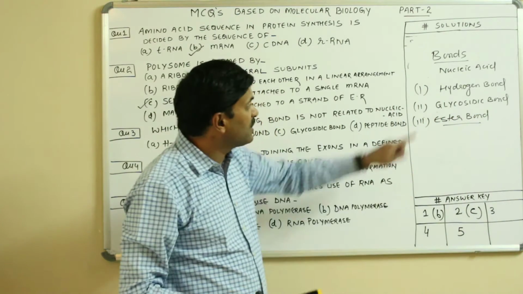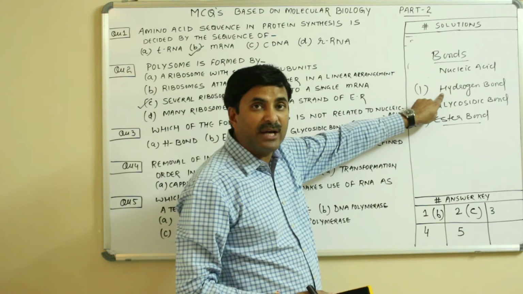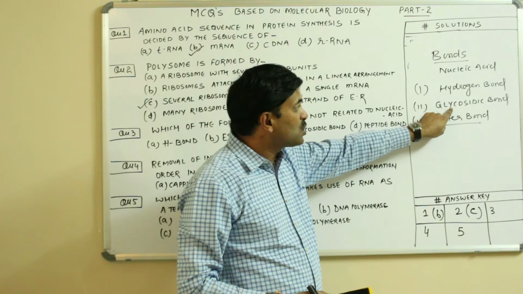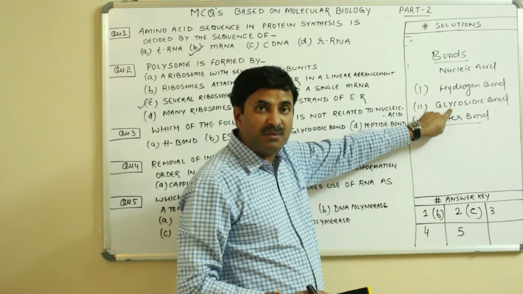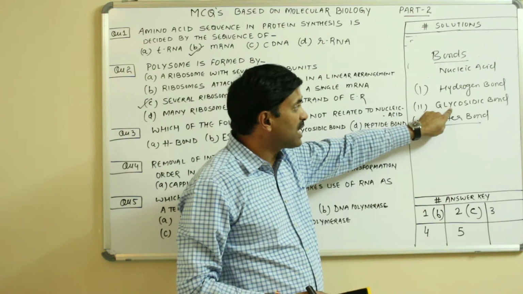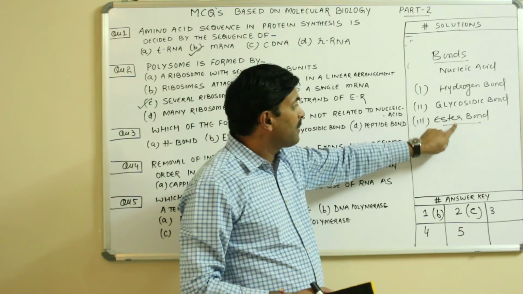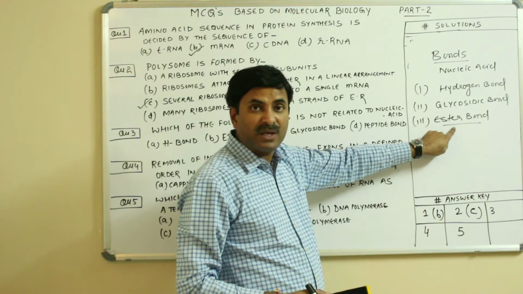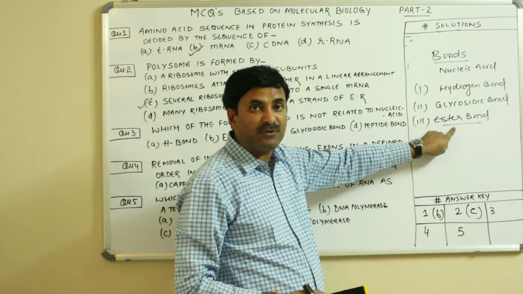Now, the nitrogen bases are attached to each other with the hydrogen bond, the sugar and the nitrogen bases are attached by the glycosidic bond, and the phosphate and the sugar are attached together with the help of the ester bond.